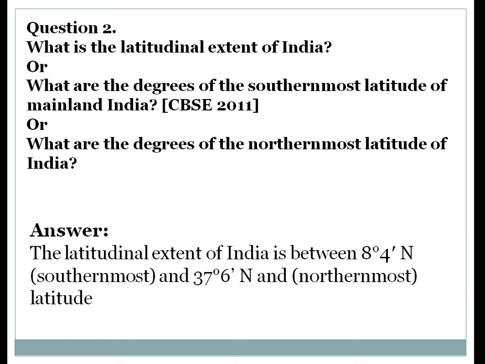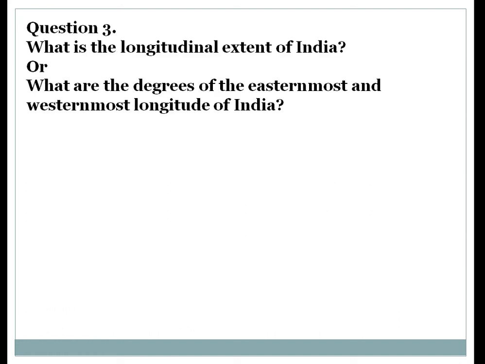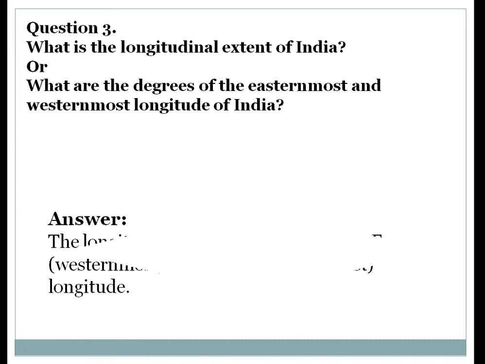Next, moving on to question number 3: longitudinal extension, easternmost. As we had seen earlier the latitudinal extension, here we are going to see the longitudinal extension. How the question is going to be changed and twisted, let's check out the answer.